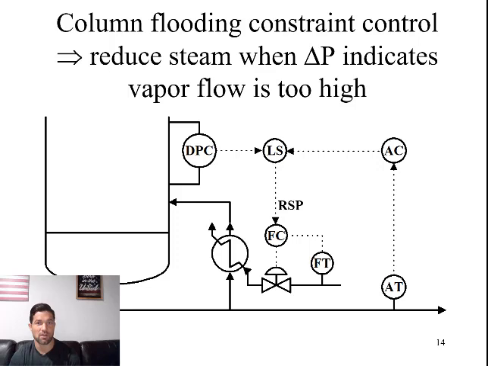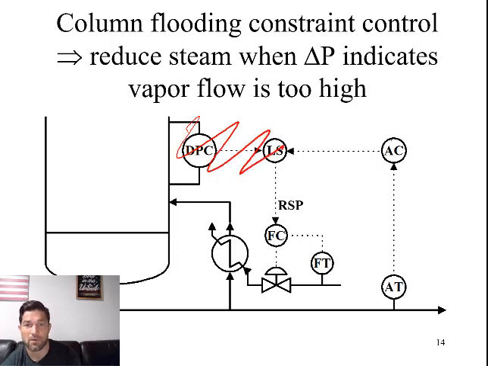Okay, so we can do an example, a column flooding constraint. In this case, we want to reduce the stream when the pressure drop in the column gets too high. Okay, so let's see how this system would be implemented. In this case right here, we're going to ignore this side for now.